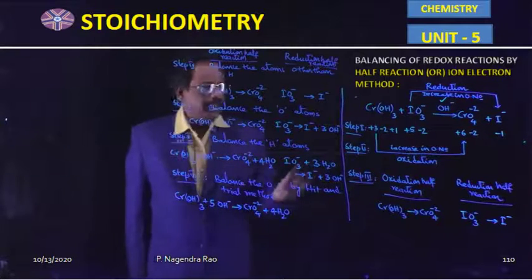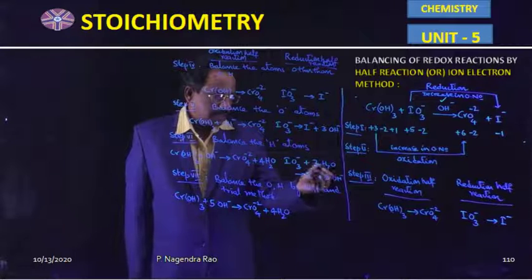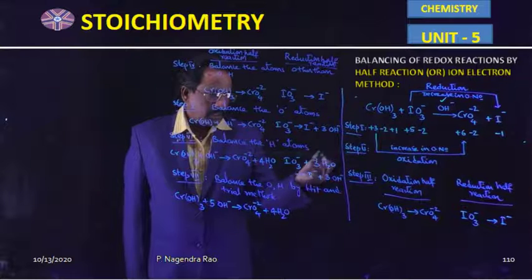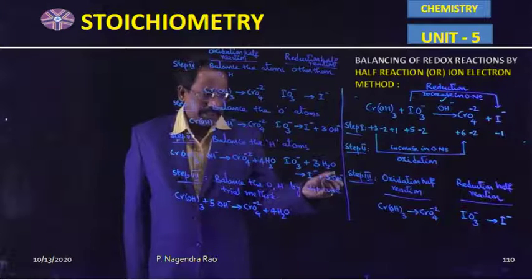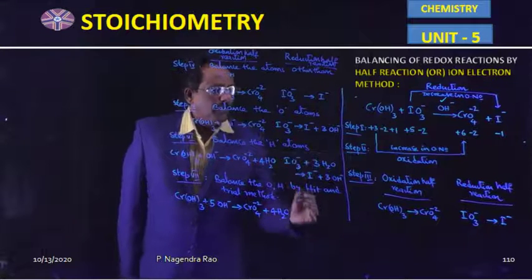Now here there are 6 hydrogens and 3 oxygens, that's why multiply 3 OH minus with 2.